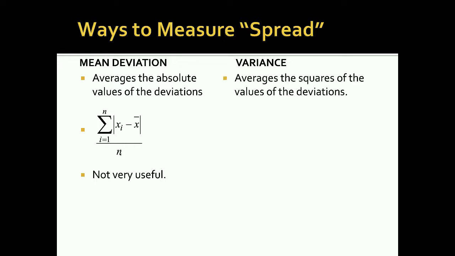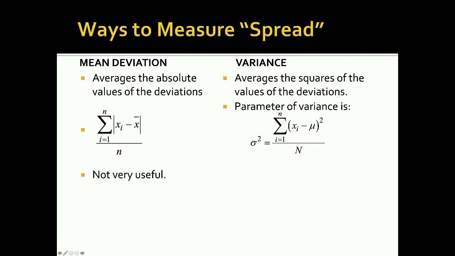Variance averages the squares of the values of the deviations. So what we would do is square each deviation, add all of those up, and then find the average of them. For the parameter of variance, we use sigma, a lowercase sigma. Sigma squared is the variance.